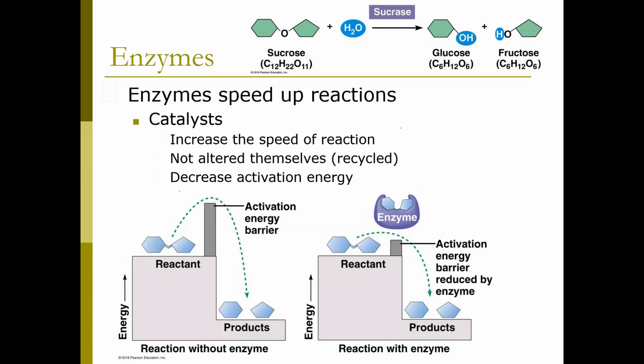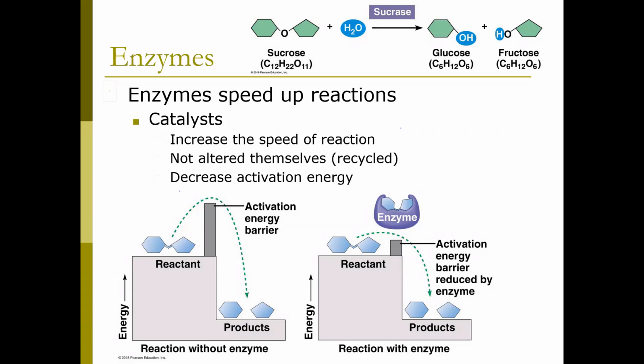If you take a look at our figure down below, we have a reaction without an enzyme and a reaction with an enzyme. Now, in the previous lesson, I talked to you about exergonic reactions that are spontaneous and don't require any free energy input. Well, they're not exactly spontaneous in the sense that it's going to happen quickly on its own.